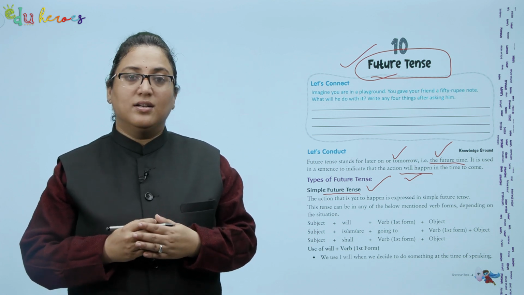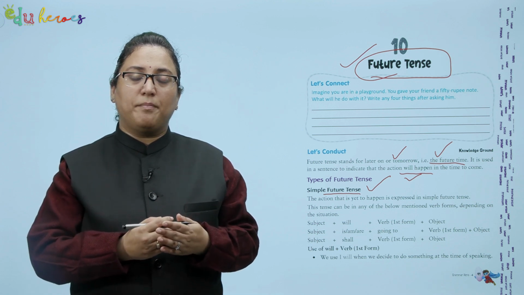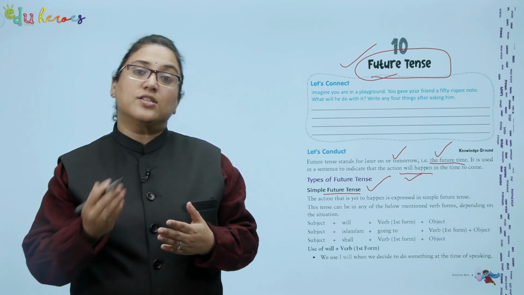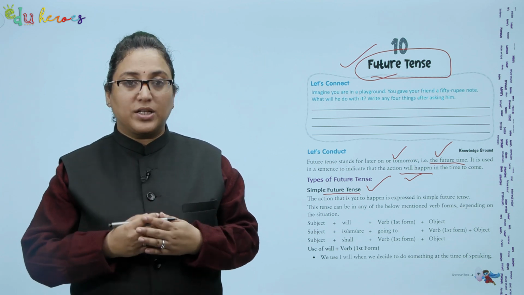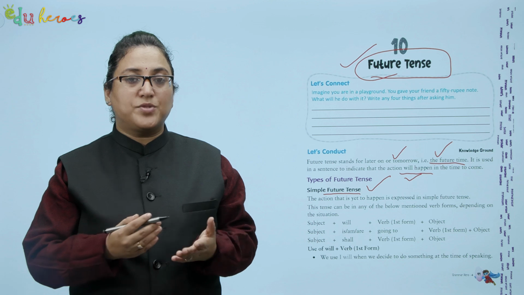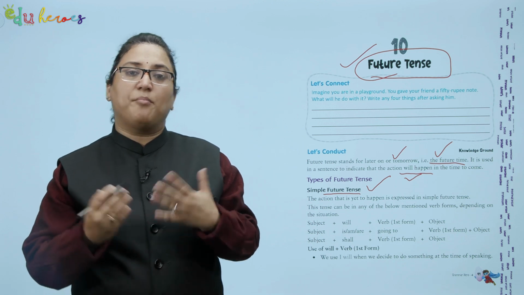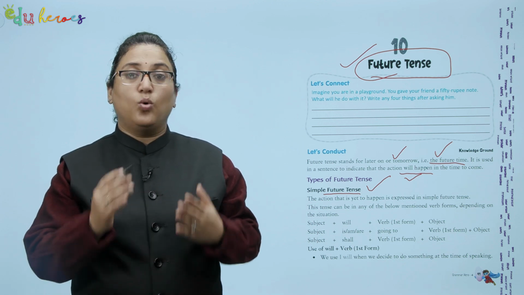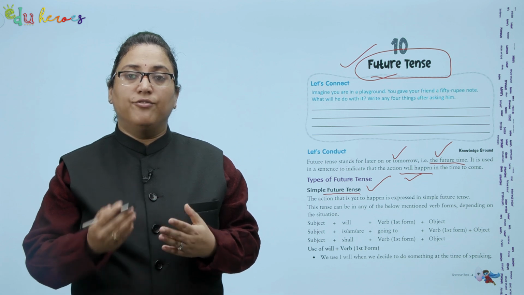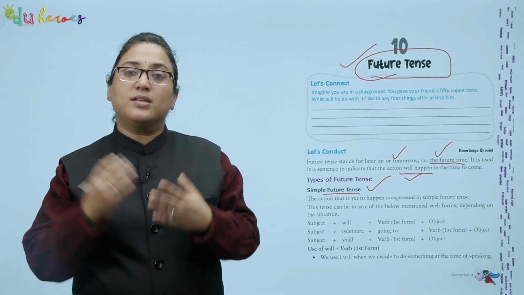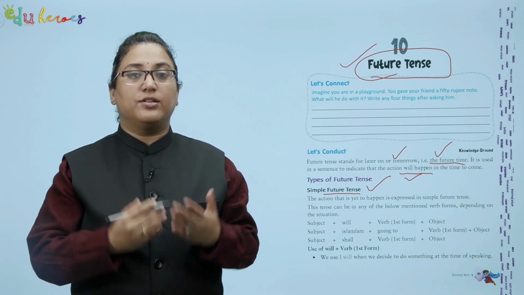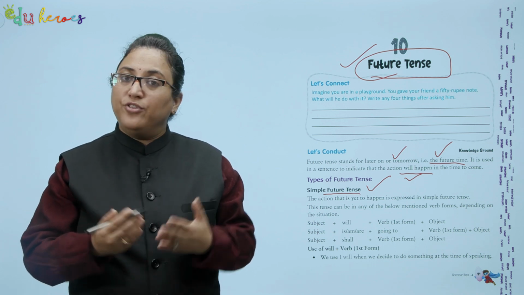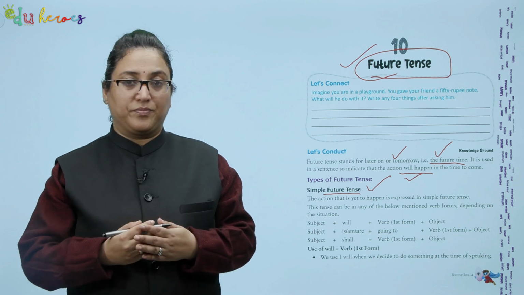For example, subject plus will and then it is followed by the first form of verb and then the object, or subject plus is, am, are plus going to and then verb in the first form plus object, and the third could be subject, then shall, then verb in first form and object.